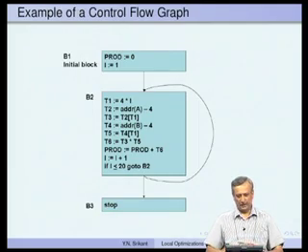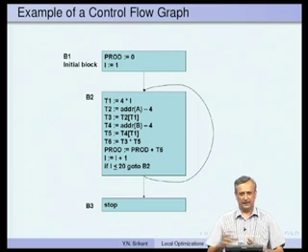So, just to recapitulate from the last lecture, here is an example of a control flow graph. These are the basic blocks, each basic block is a single entry single exit structure and there are arcs between the basic blocks to show the control flow within the program.